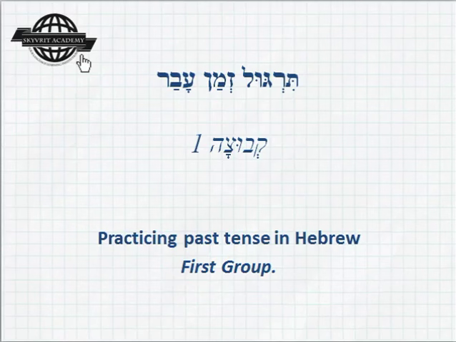So in this class, hopefully, we're going to start slow, but after this class, we will cover the first group, and you'll be able to see how easy it is to conjugate different verbs from verbal nouns.